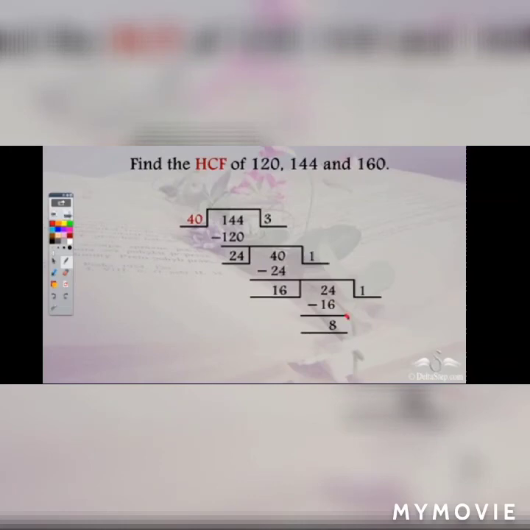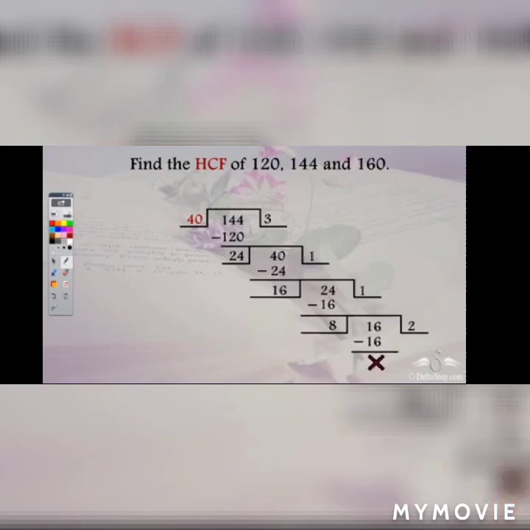Now 8 is the remainder. So 8 will become the divisor. What will be the dividend? It will be the divisor of the last step, which is 16. So 8 will now divide 16. How many times does 8 go into 16? 2 times. 8 into 2 is 16, and the remainder is 0.